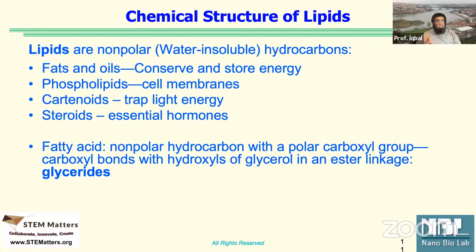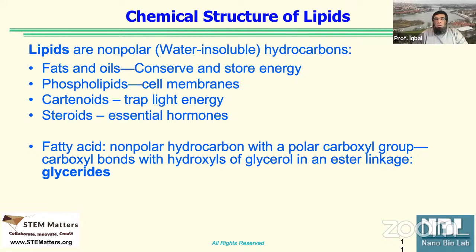Hydroxyl group is the OH group. When they come together, they form a glycerol. Now, don't get worried about these chemistry terms. The take-home message here is that there are some building blocks which have chemical affinities. So a carboxyl group comes to a hydroxyl group, and they form a molecule we call glycerol, right?